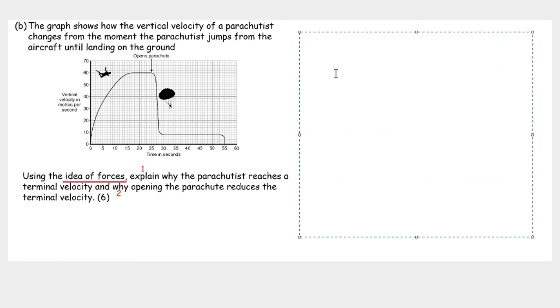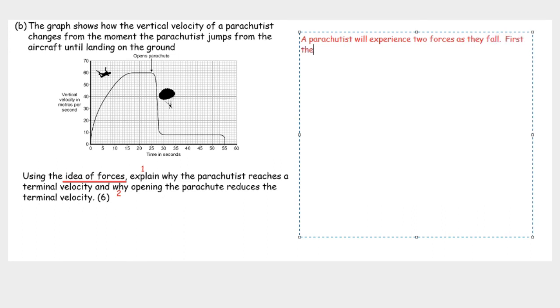So I'm going to get going on this now. I'm going to start off with the forces. So a parachutist will experience two forces as they fall.